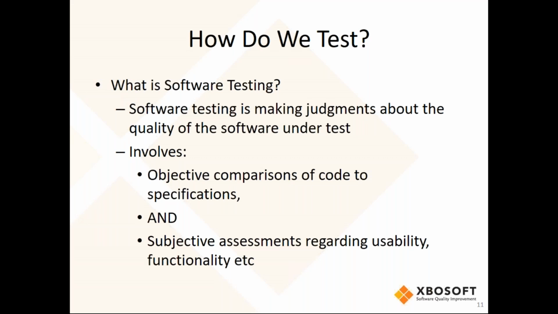We're making an assessment, right? And those assessments involve objective comparisons of the code to the spec, and subjective assessments regarding usability, functionality, just even your gut feel about how the application is working.